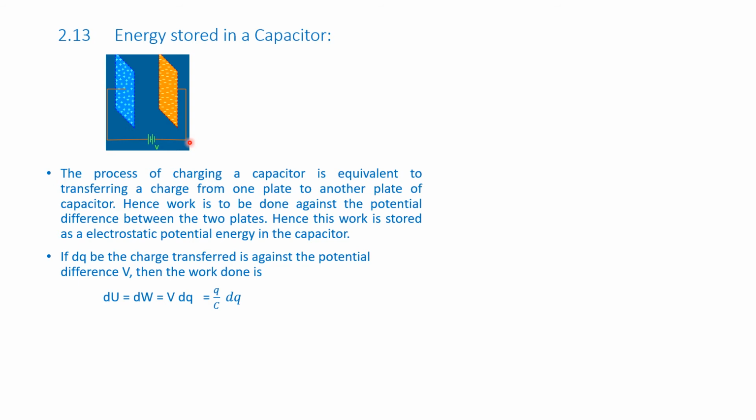If dq be the charge transferred against the potential difference V, then work done is equal to dU is equal to dW, that is equal to V into dq, that is equal to q by C into dq. As we know, value of V is equal to q by C and dq we are retaining as it is.